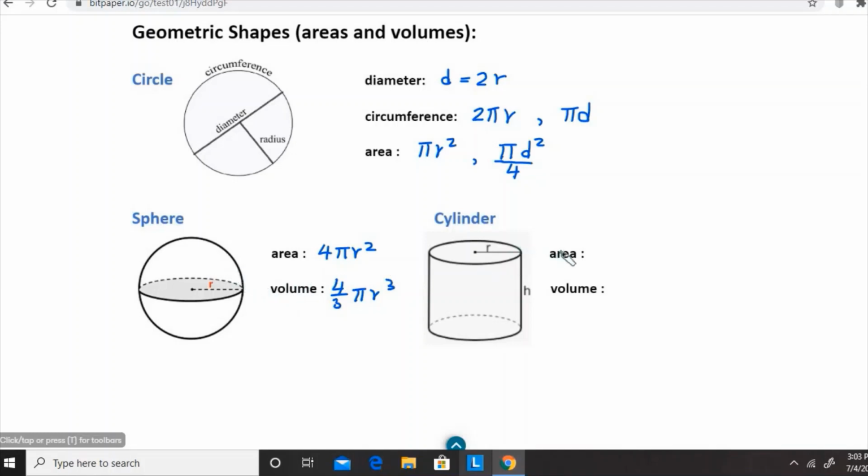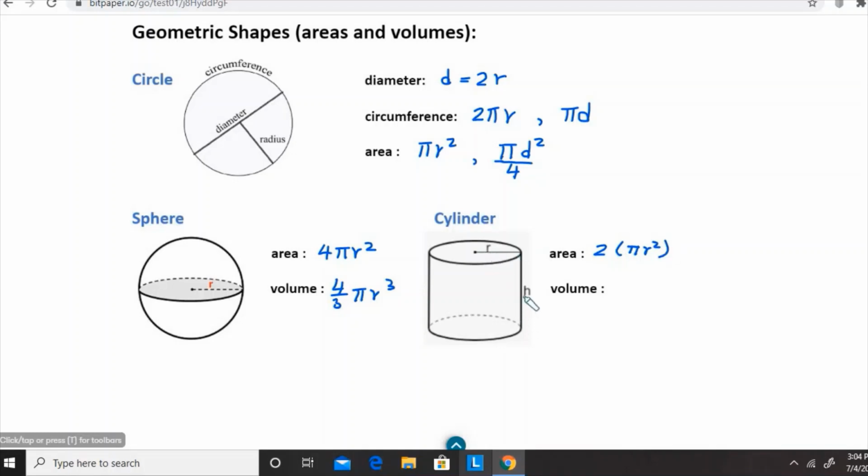Now let's talk about a cylinder. The area of a cylinder can be broken down into this curved surface and these top and bottom caps. So the total area would be the area of the two caps, which is 2. The cap is basically a circle, so I have 2 times pi r squared.